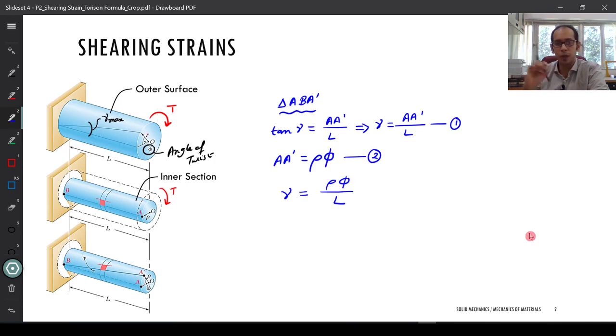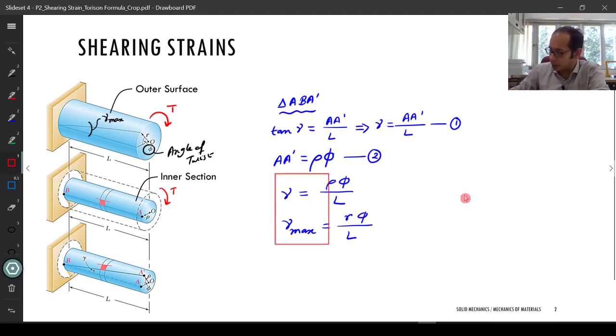Those points don't go anywhere, they stay on the longitudinal axis which passes along the centroid, right? Whereas where does this gamma become maximum? Where rho is maximum, that is at the periphery, where you have this gamma max. So what we can write from here as well is that my gamma max is going to be r times phi divided by L, right? So these two are very fundamental relationships which we just derived.